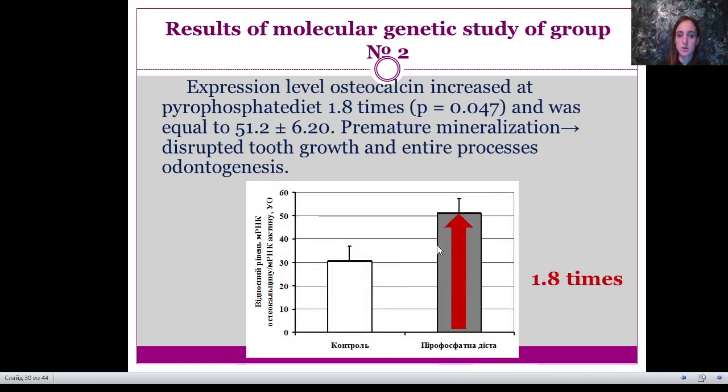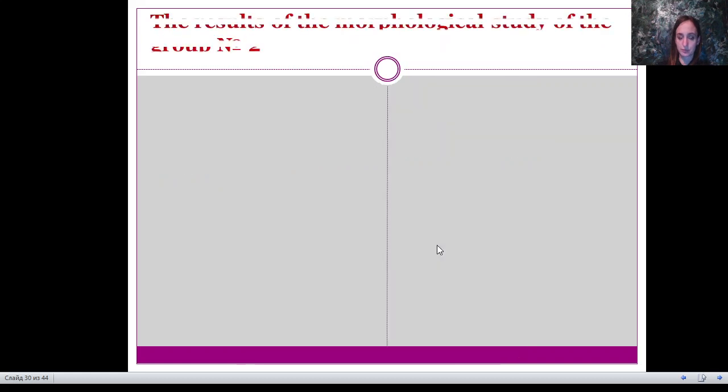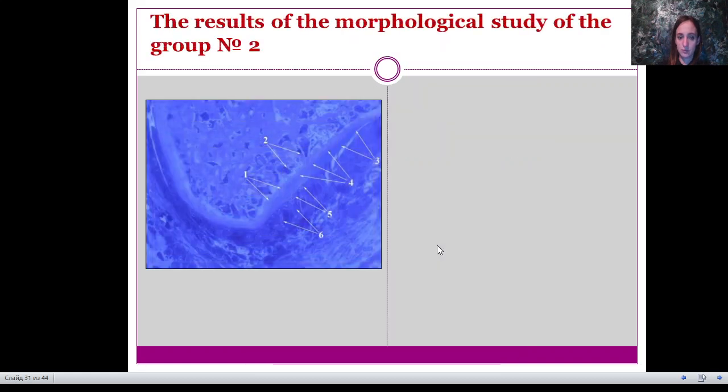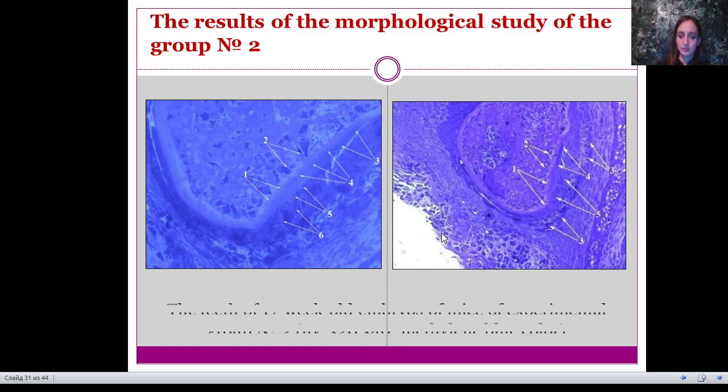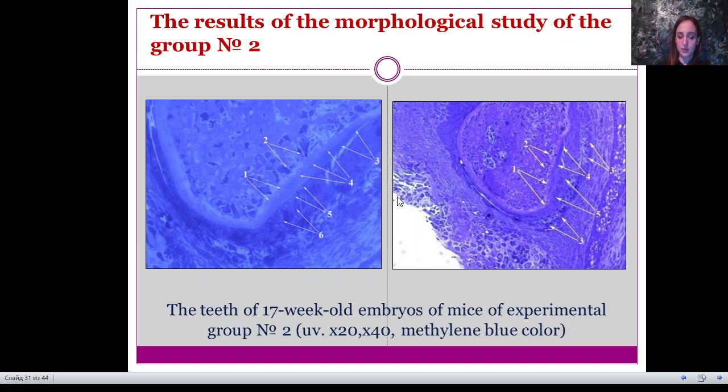Expression level of calcine increased at pyrophosphate diet 1.8 times and was equal to 51.2 plus or minus 6.20. And premature mineralization disrupted tooth growth and the entire process of odontogenesis. And you can see pictures of the results in the second group.